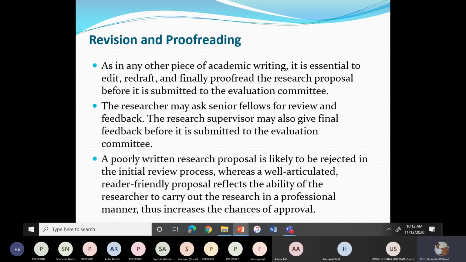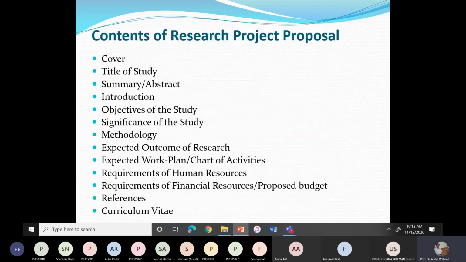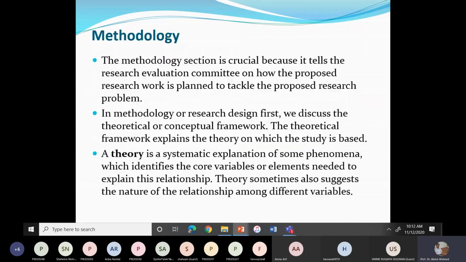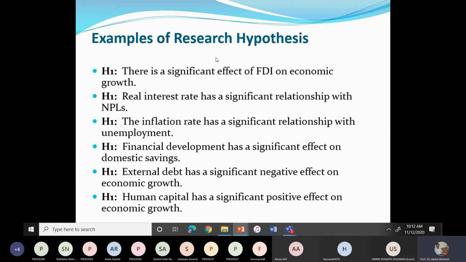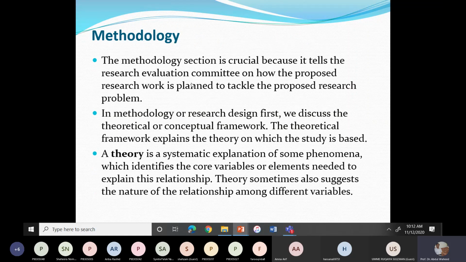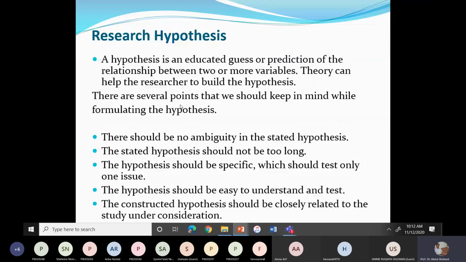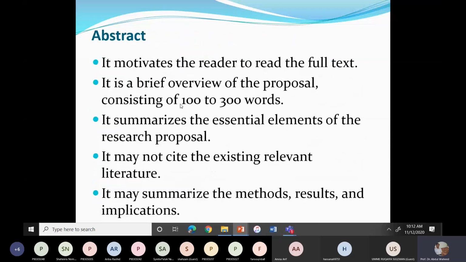And I also need hypothesis, but right now you cannot make your hypothesis because you have not reviewed the literature, so just skip this. Later on I will ask you for methodology. So if abstract, I don't need.